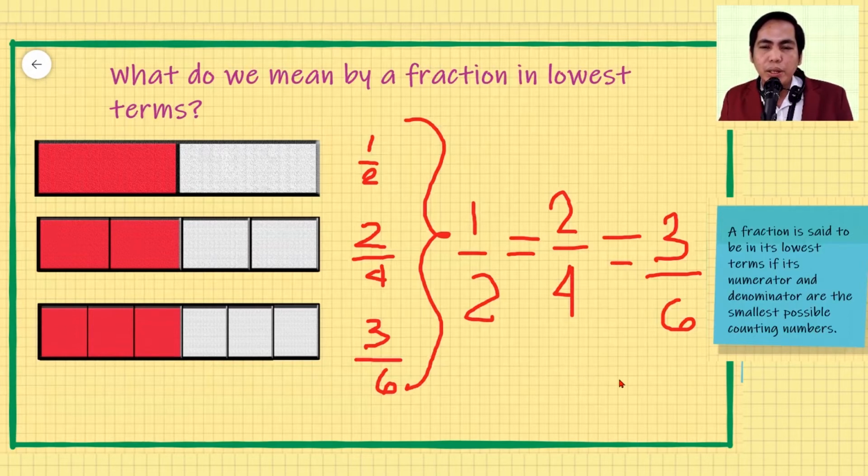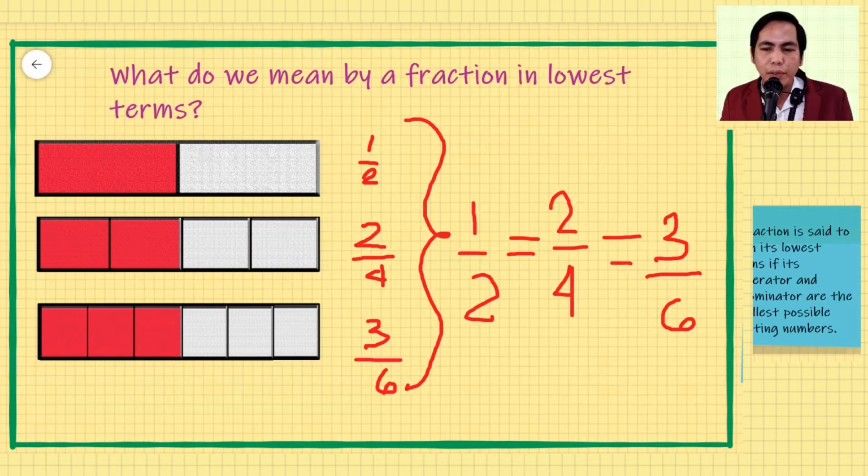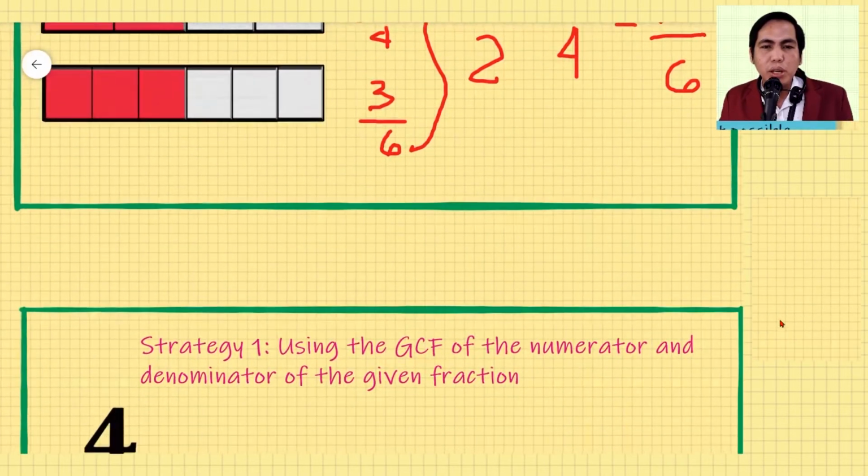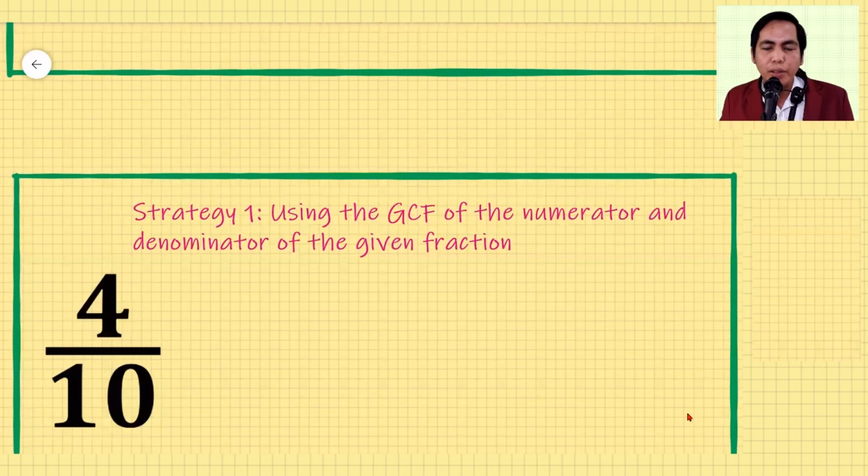So in other words, we can use a common number to divide our numerator and the denominator. So that points to our first strategy on how to find the lowest form or the lowest term of a given fraction. We can use our greatest common factor.